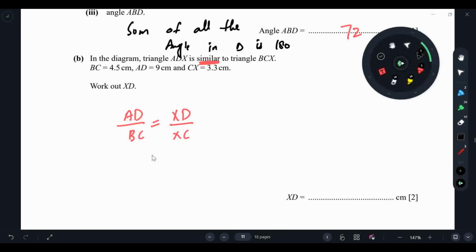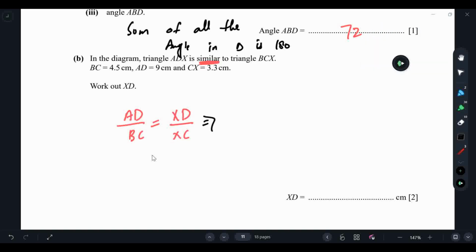Now, if we simplify it, this will be AD is 9 divided by BC. BC is 4.5 is equals to XD, we are not sure about XD, divided by 3.3.